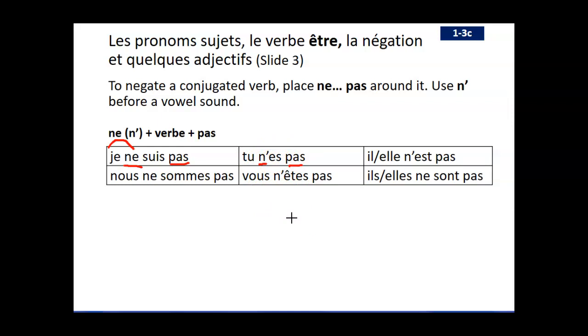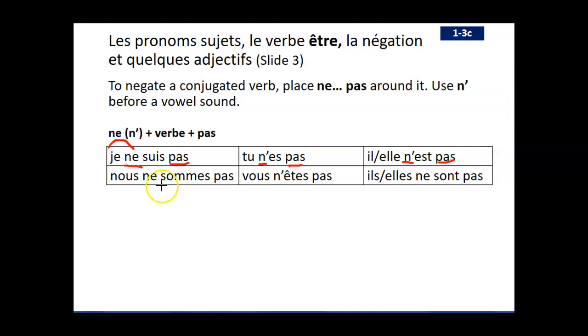Tu n'es pas. Okay, when we go on to the next one, il n'est pas or elle n'est pas. Again, because of the e at the end of ne and the vowel sound in the next word, that form of être, they get squished together and it forms like a contraction.